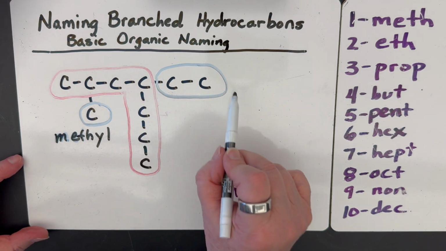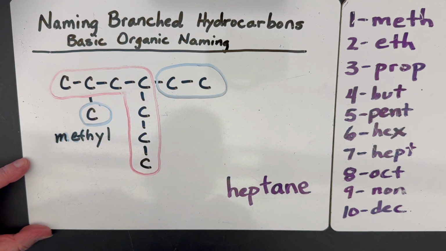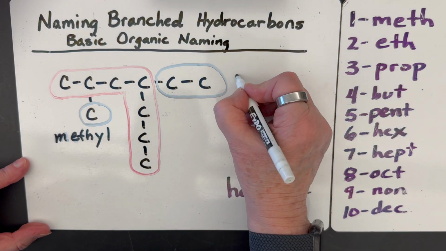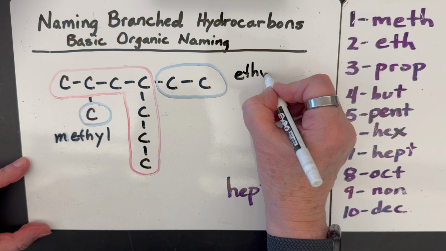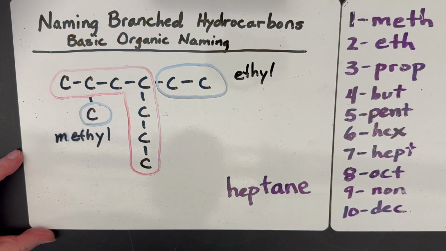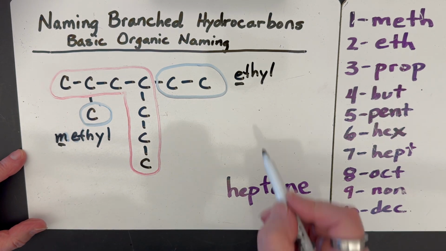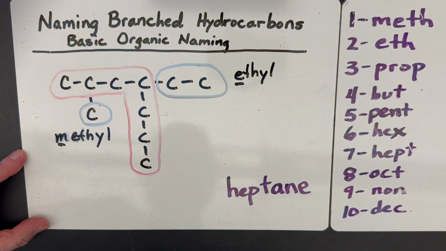And this chain over here, side group, is 2 carbons, so that's an ethyl. To decide which one comes first and which one comes second, you put them in the name alphabetically. So E comes before M. So we're going to put the ethyl first.